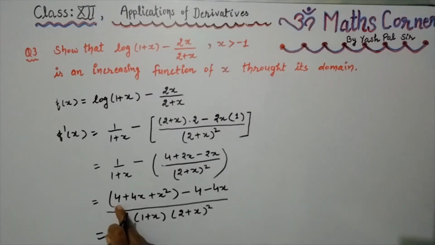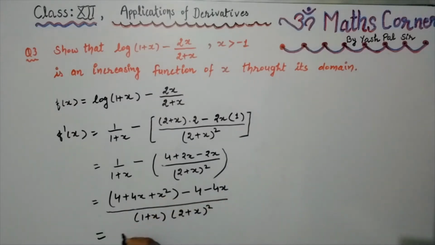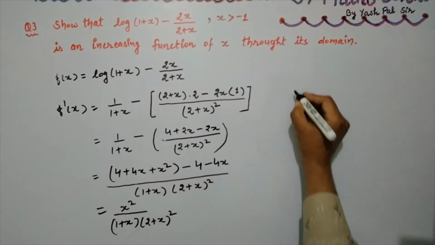So from here we conclude plus 4 minus 4 cancelled, plus 4x minus 4x cancelled, only x square divided by 1 plus x into 2 plus x whole square.